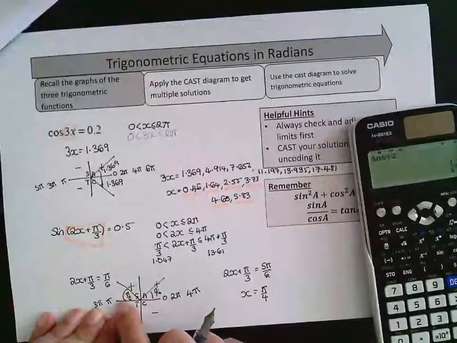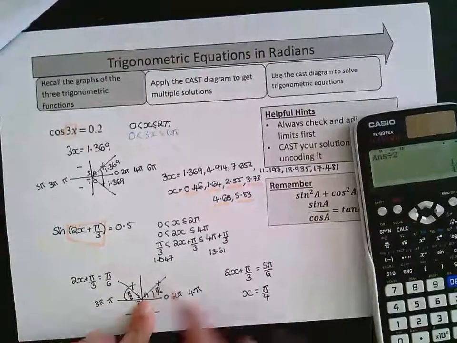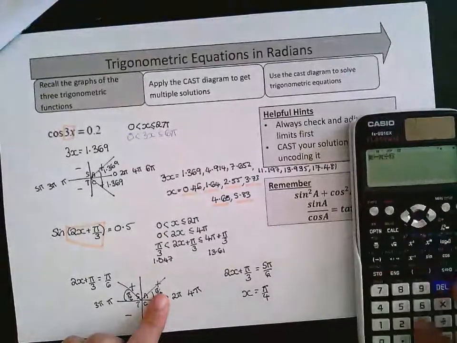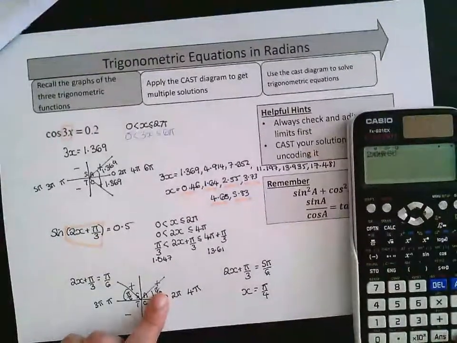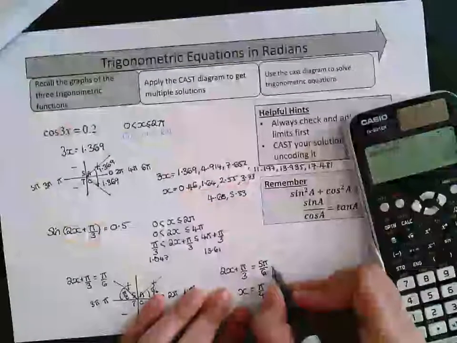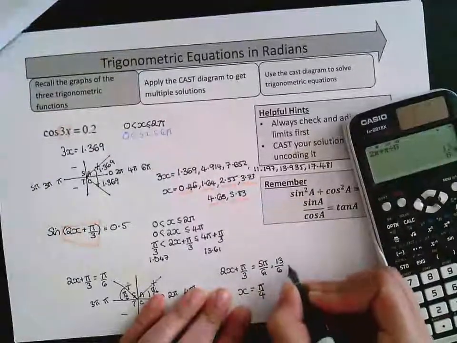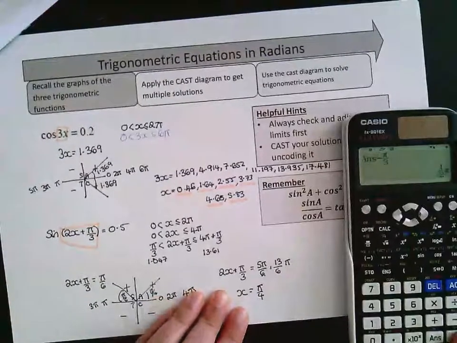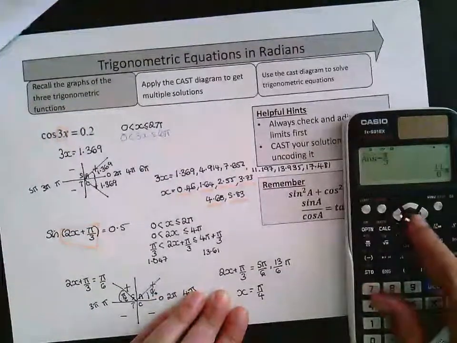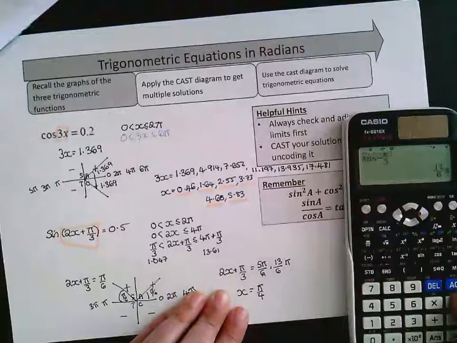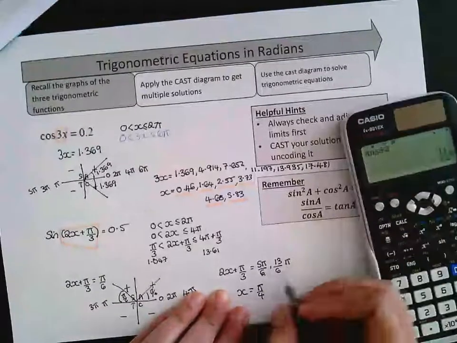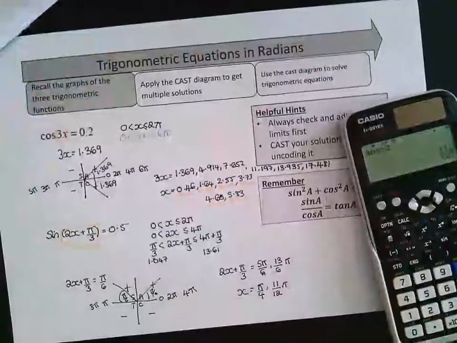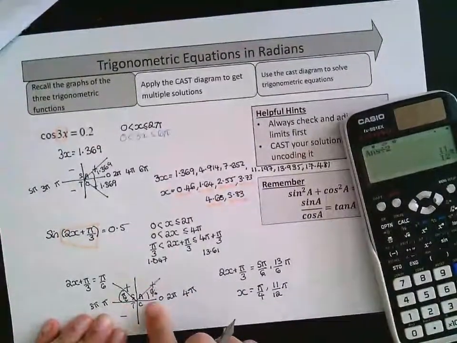Let's go back. Pi minus pi by 6. So now we're on to 2 pi plus pi by 6, 13 over 6 pi. And I'm going to go through the same process. Take away pi by 3 and then divide it by 2. Okay, we've been around once.